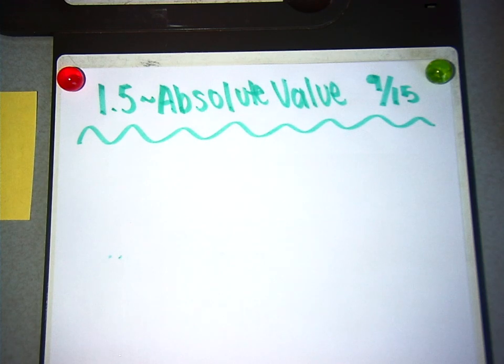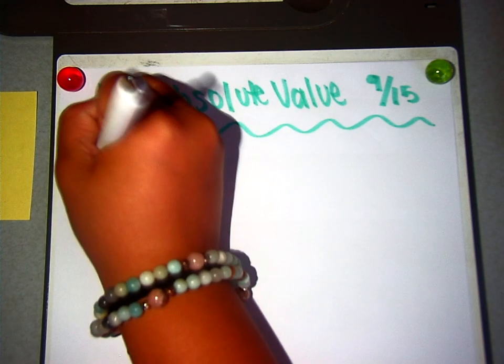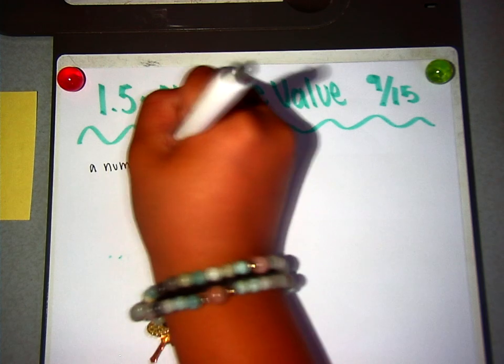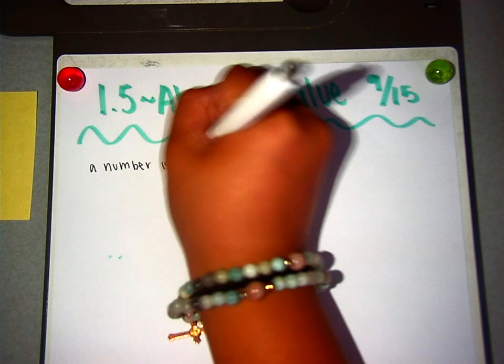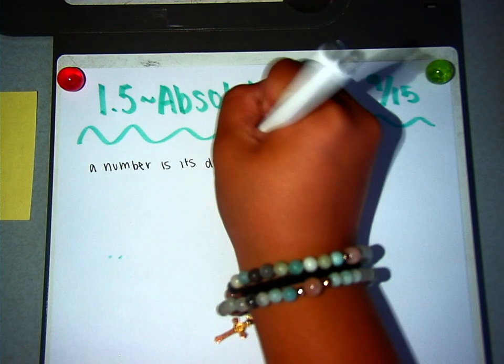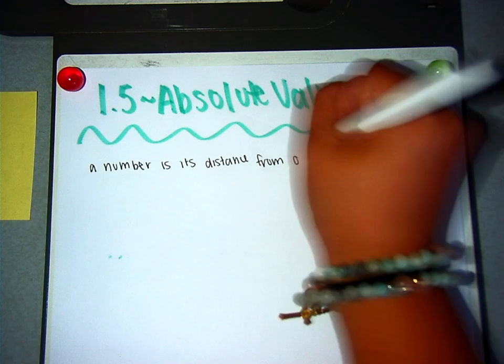Doesn't it turn the negative to a positive? Yeah, it'll be a positive number. Good job, Chloe. So the absolute value is a number's distance from 0 on a number line.